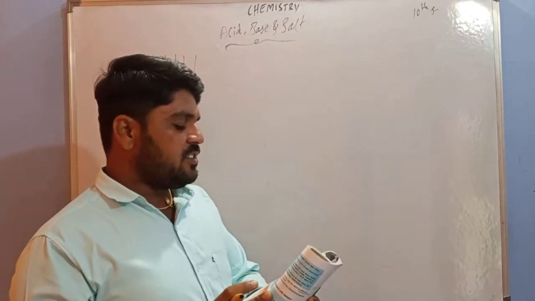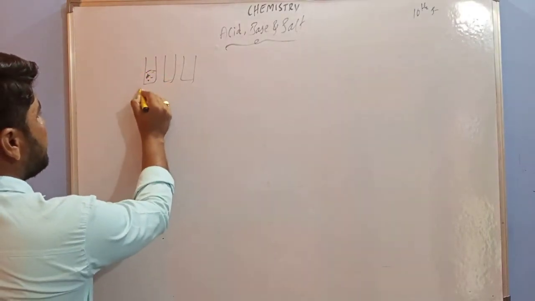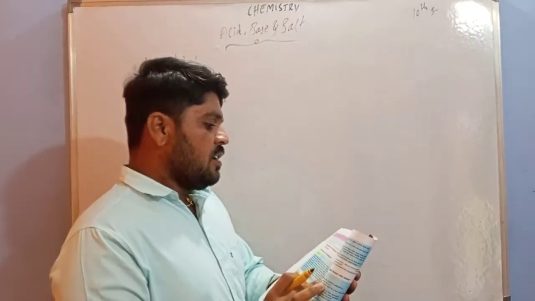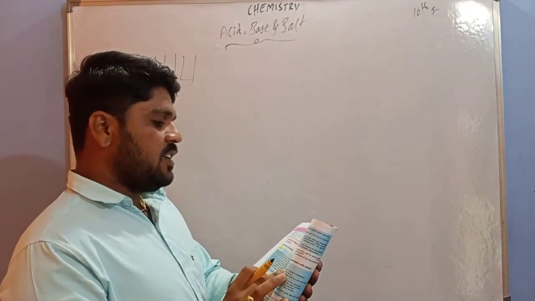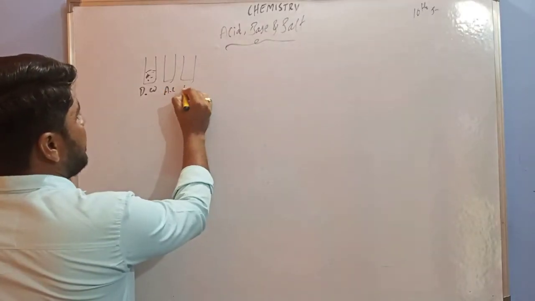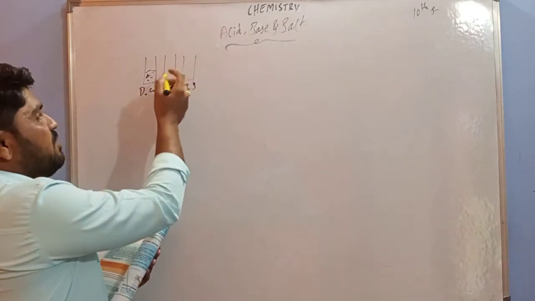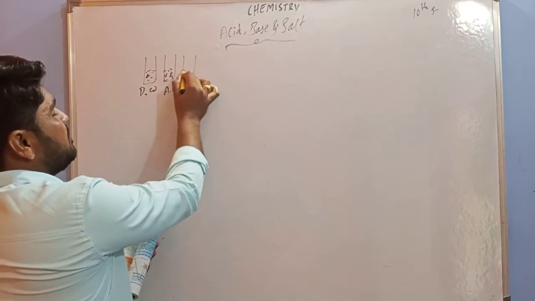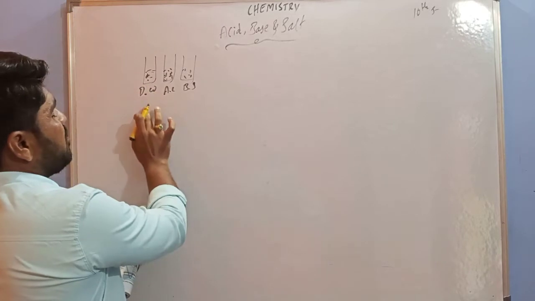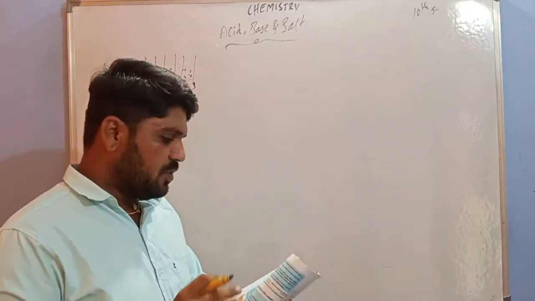One of them contains distilled water, DW, and the other two contain an acidic solution and a basic solution. We don't know which is which. In the three test tubes, one is distilled water, another is an acidic solution, and one more is a basic solution.